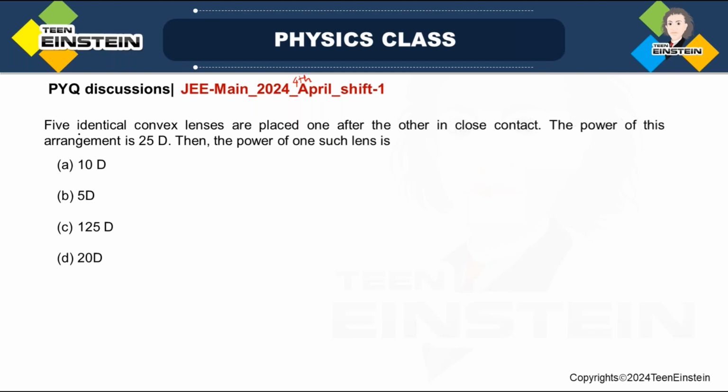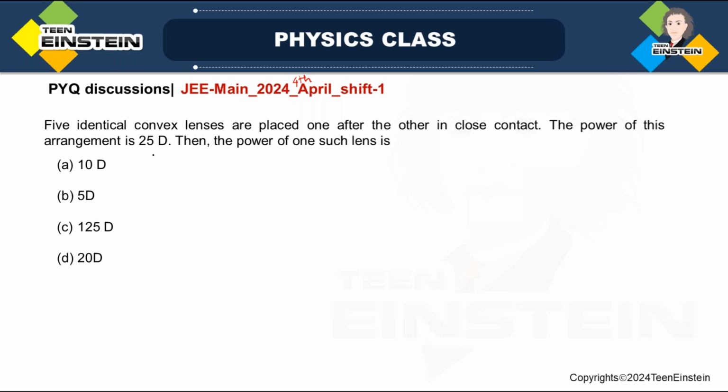So the first question, this is from the ray optics part, and it says 5 identical convex lenses are placed one after another in close contact. That means it is talking about a combination of lenses, and by default we will take these lenses to be thin lenses.